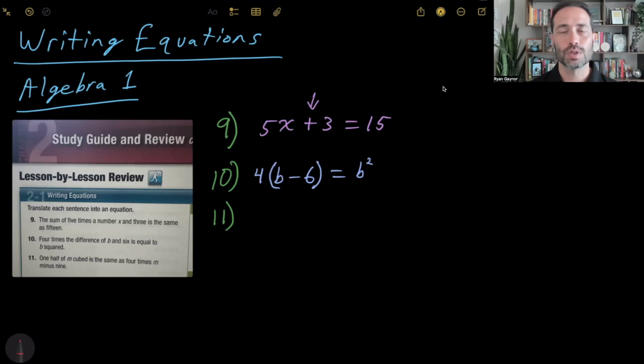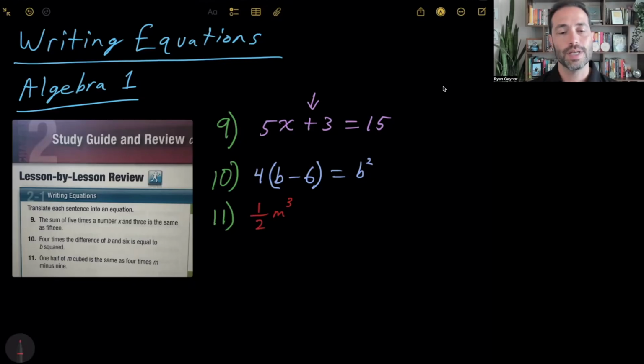Of means multiplication. The English word of in math means multiplication of m cubed. So we have 1/2 times m cubed. So remember, when you write them next to each other, that means multiplication if it's a number and a variable.